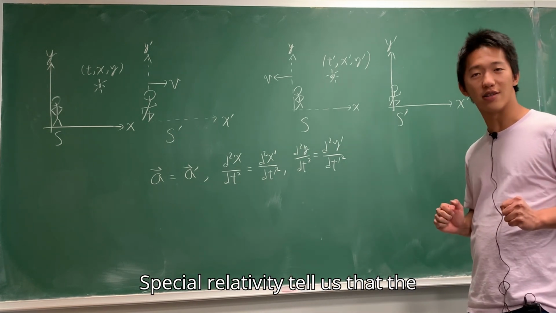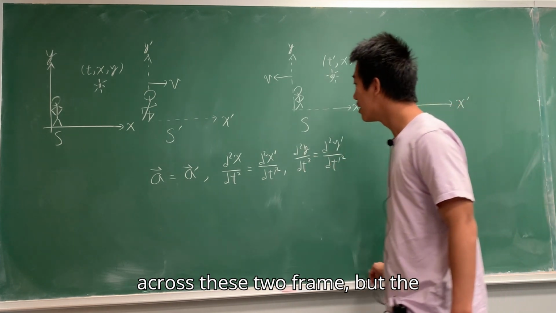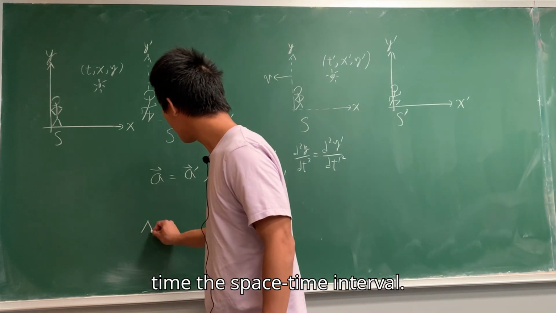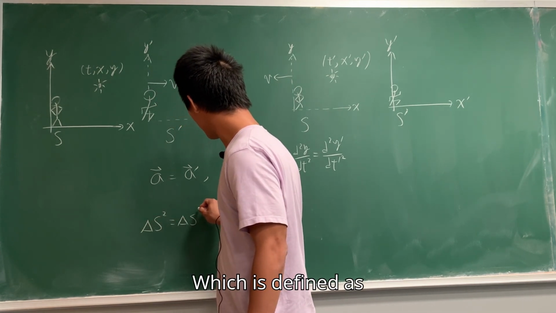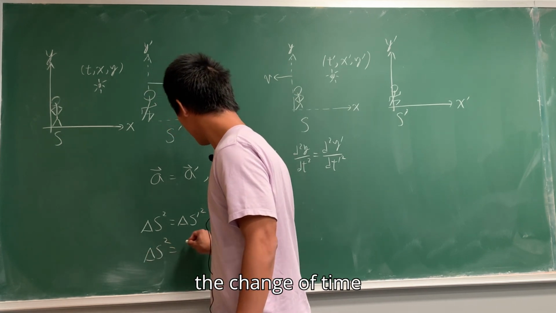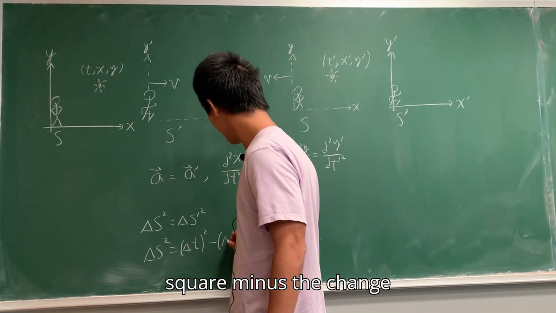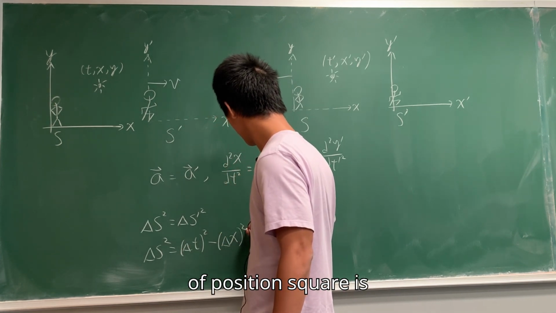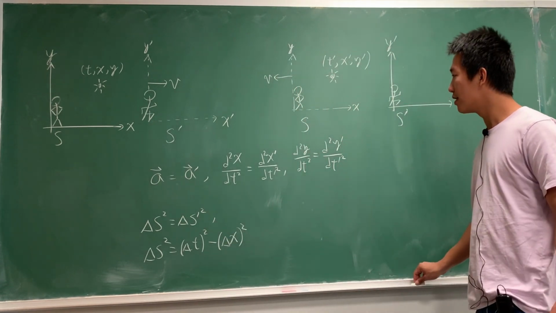Special relativity tells us that the acceleration is not actually the same across these two frames, but the space-time interval, which is defined as the change of time squared minus the change of position squared, is actually the same across these two frames.